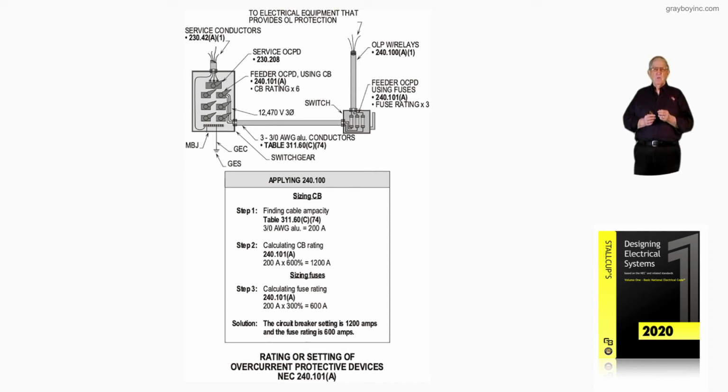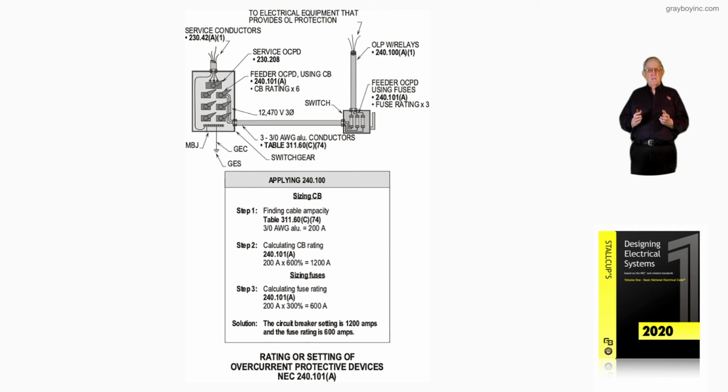Now, step 2, notice if we need to, 240.101(A) would allow 600% sizing. So 600% of 200 amps would be 1,200 amps that you could set that protective device to allow equipment that needed that sizing to operate.